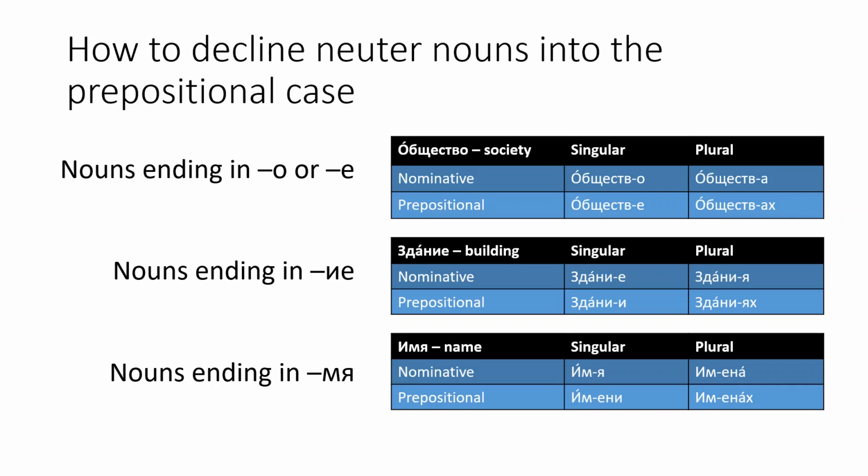You may remember that vremya and all nouns ending in mya have kind of a funny declension. They sort of add these letters in, so you just add e and n to the stem. So imya goes to imeni, and if it was vremya, it would be vremeni. Similarly, if it was znamya, it would be znameni.